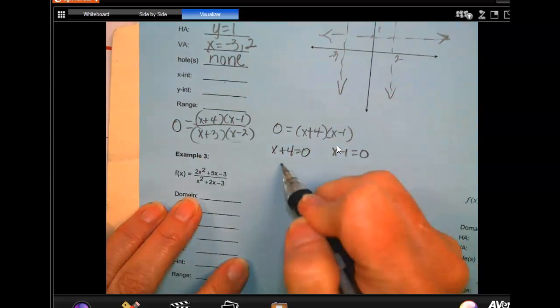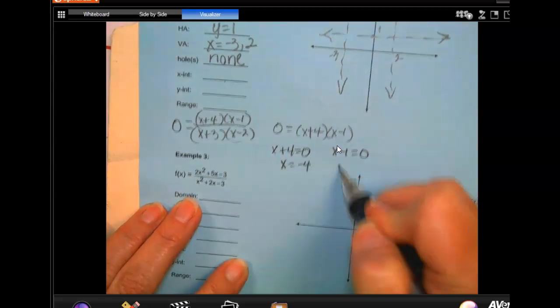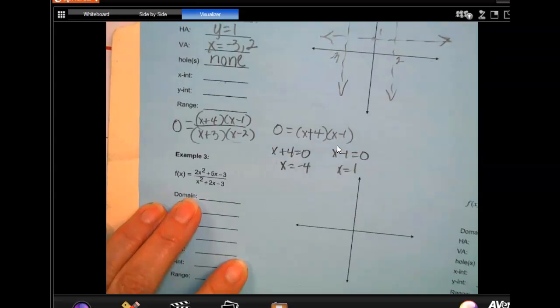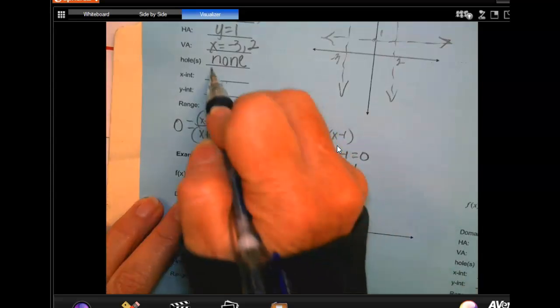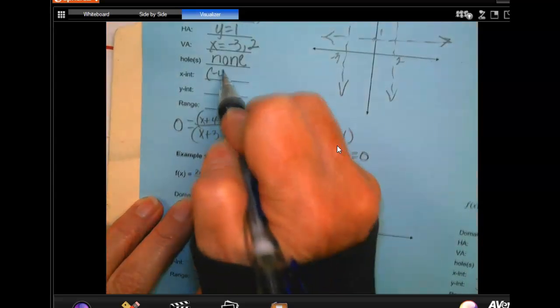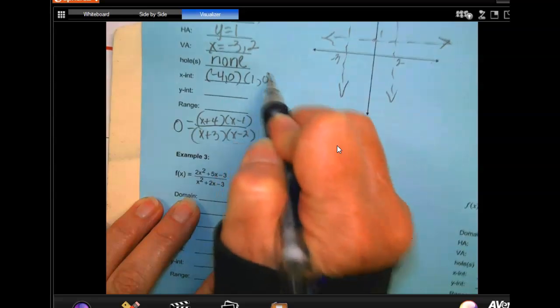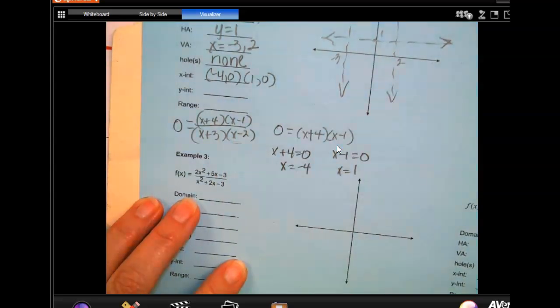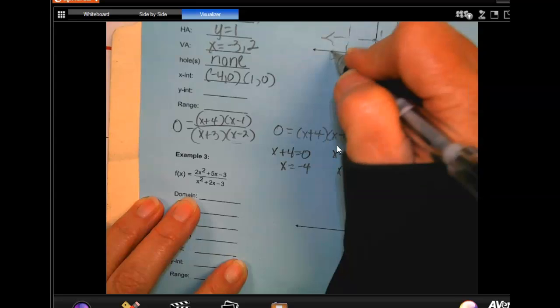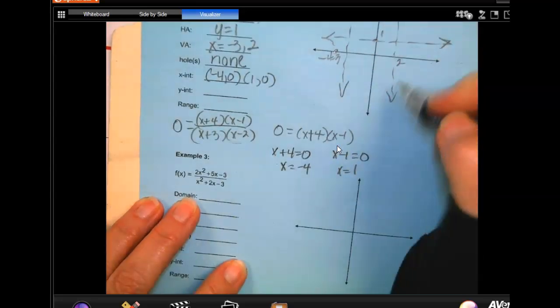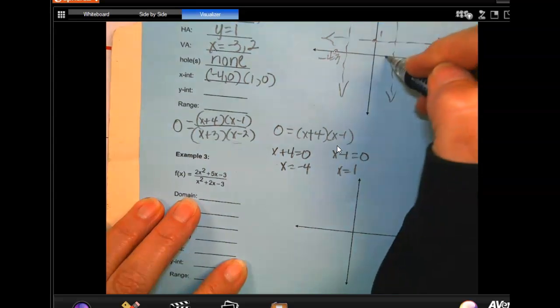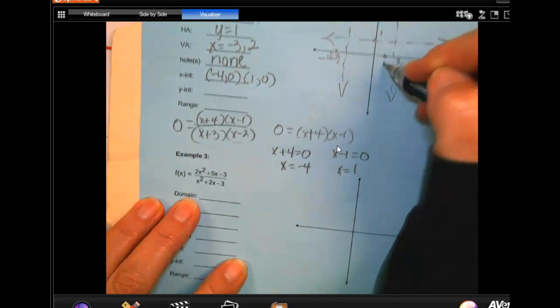And that tells me x equals negative 4 and x equals 1. So I have 2 x-intercepts: negative 4, 0, and 1, 0. So the negative 4 would go on this side, and then the 1 goes right here. It's before the 2.